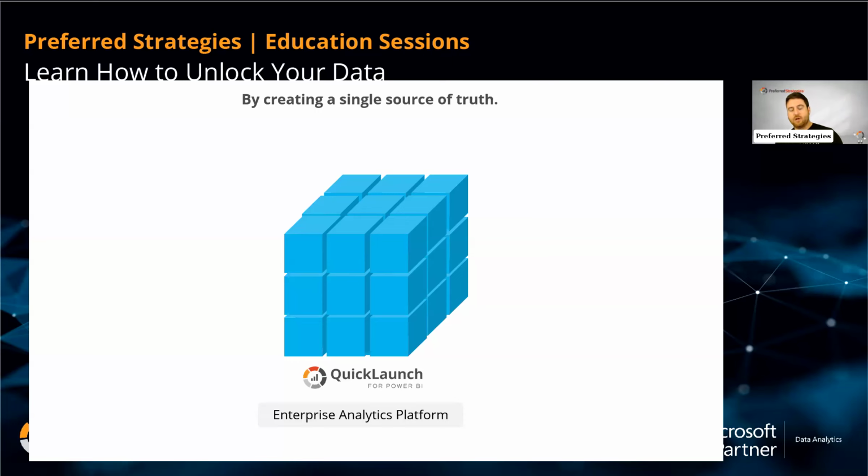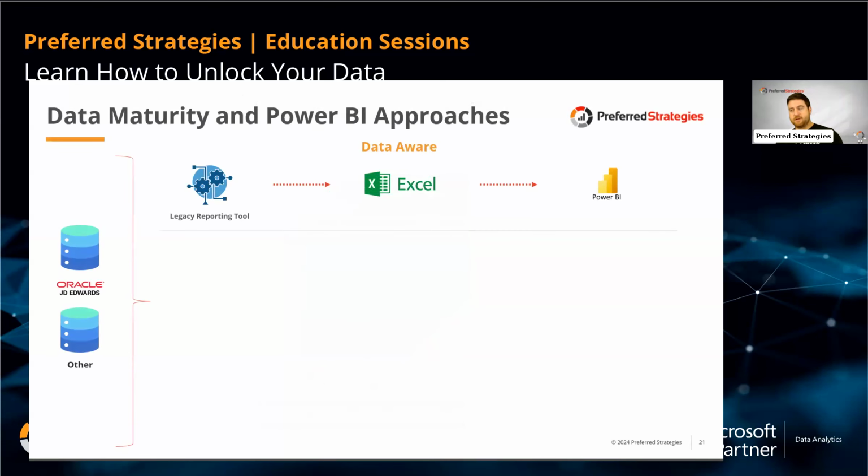And so if we look at some different approaches to implementing an enterprise analytics platform to JD Edwards, we can tie these different approaches back to data maturity levels. The first one, this data aware maturity level, really depicts the scenario we just walked through, where you have this extract to Excel and then connect Excel to your presentation layer.